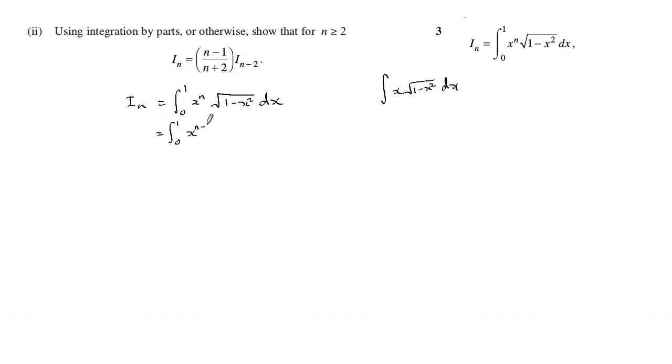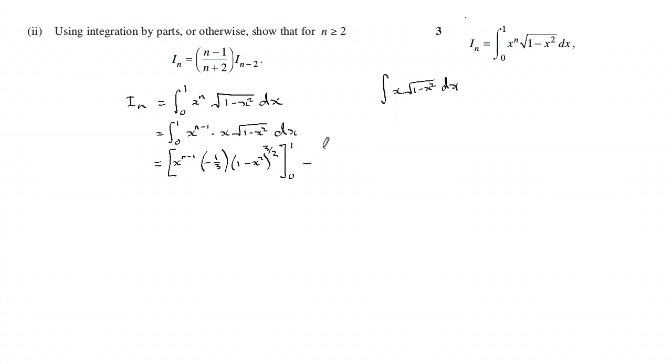So this will be x to the n minus 1 times x root 1 minus x squared. And then we can integrate this part. So doing integration by parts, leave that bit there, and then we'll have the integral of that, which you may remember from part 1 was negative a third times 1 minus x squared to the 3 on 2. So that'll be from 0 to 1.